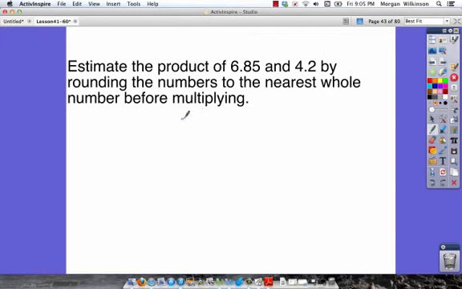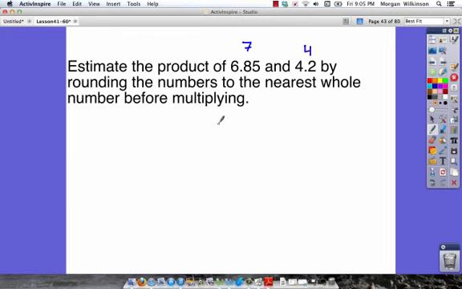So 6.85, is that closer to 6 or is that closer to 7? Hopefully you said 7. 4.2, is that closer to 4 or is that closer to 5? Think of a number line. Hopefully you said 4, because it's closer to 4 on a number line than it would be to 5. Now the problem becomes very easy.